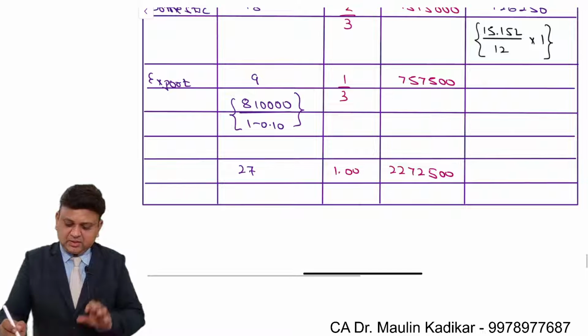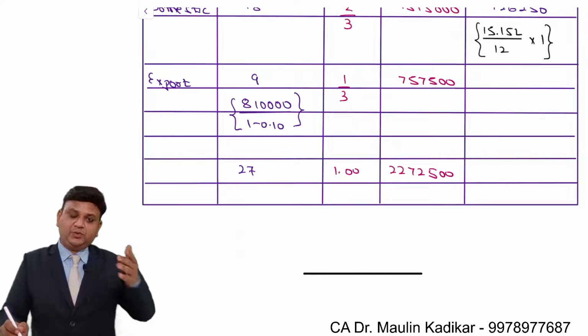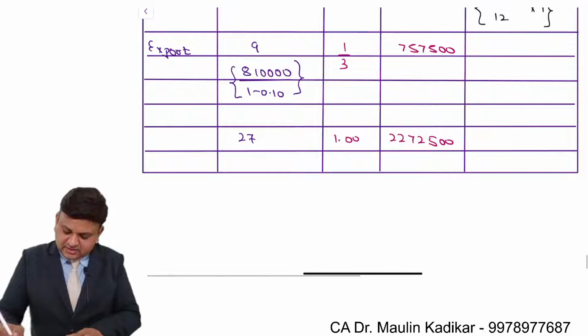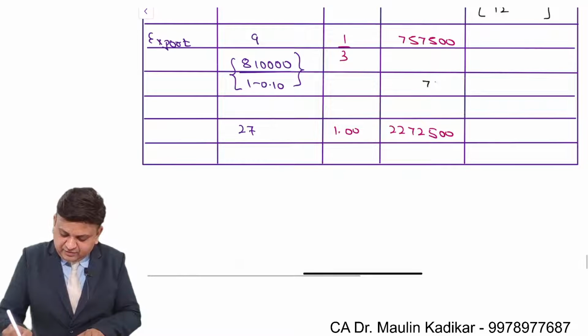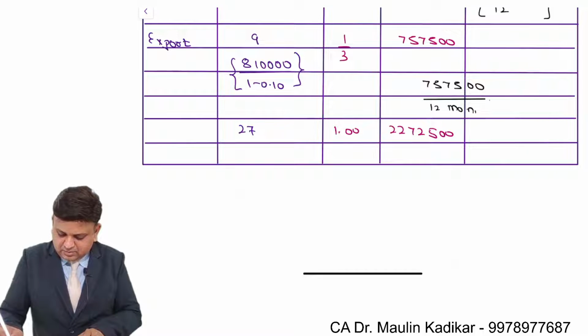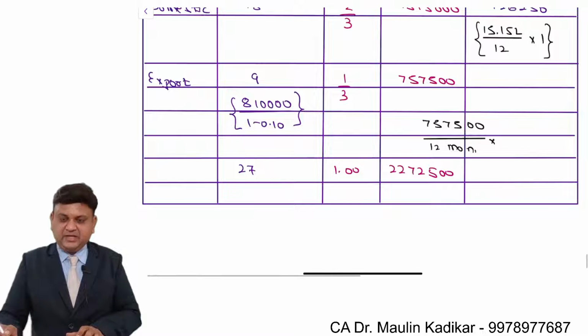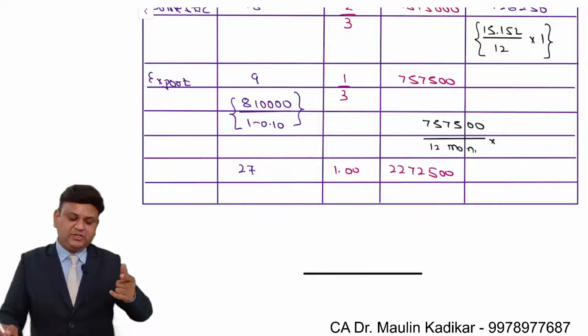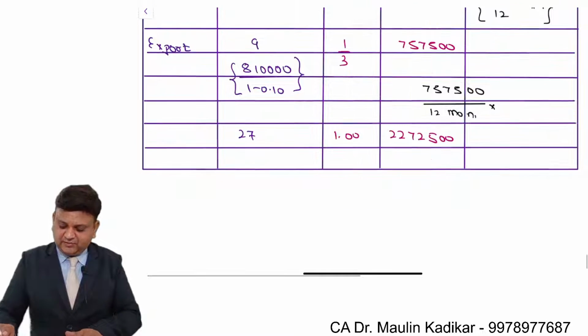And the cost that we have incurred for exporting the goods is 7 lakh 57,500 divided by 12 months, into 3 months, since for export we offer a credit period of 3 months.